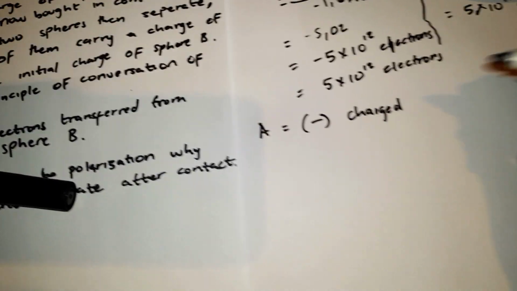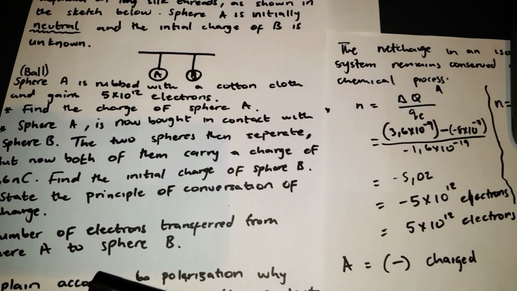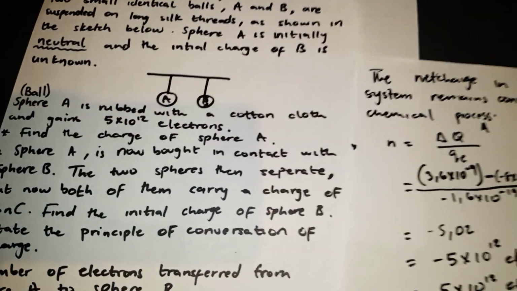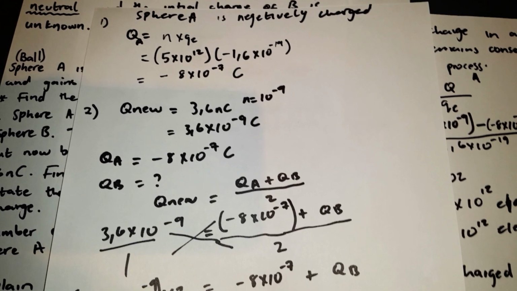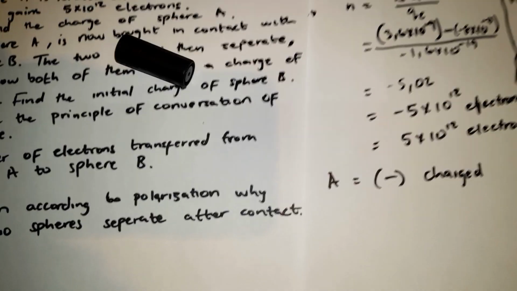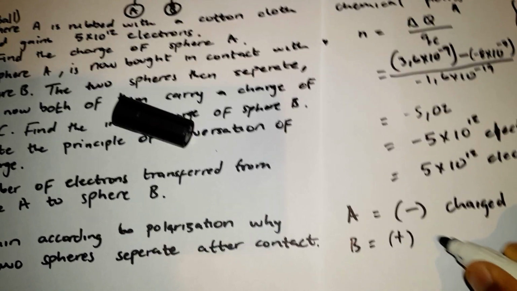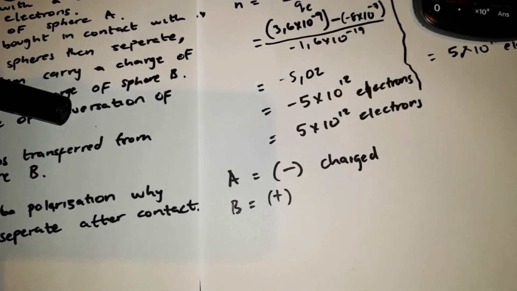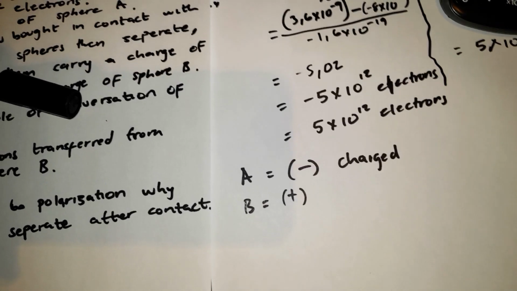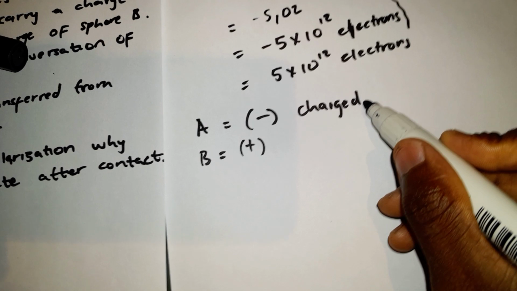We don't know whether sphere B is positively charged or not, but according to the answers that we found, you can see that sphere B is positively charged. So between the two, which one is the most negatively charged and which is less negatively charged? This one here is more negatively charged.